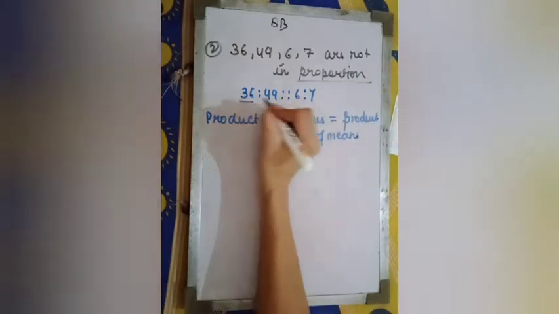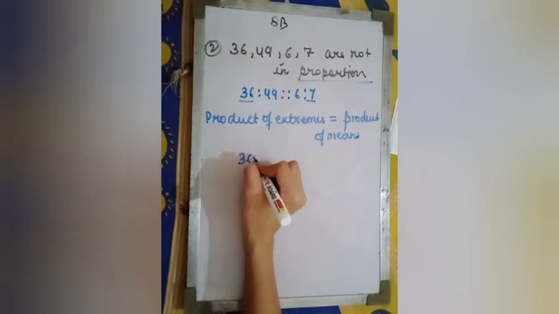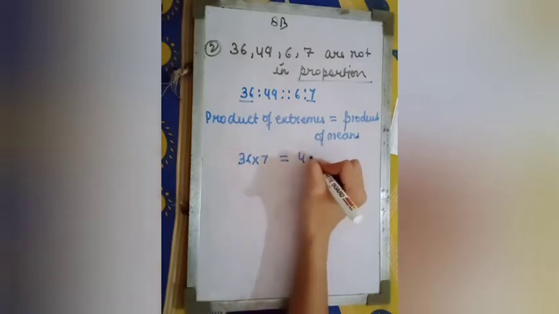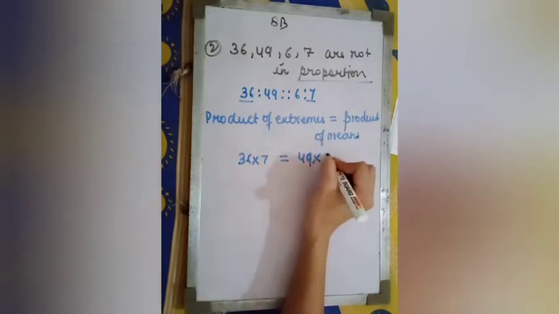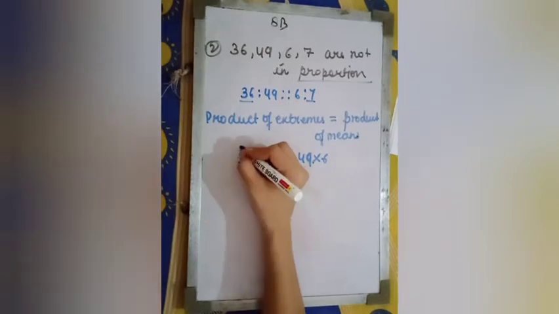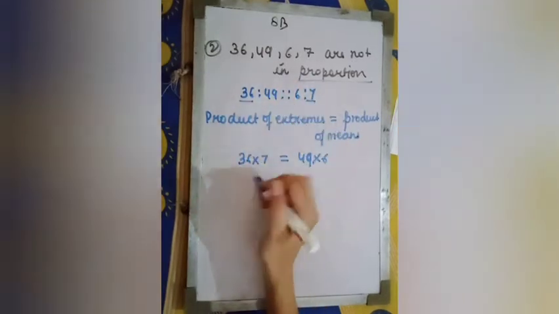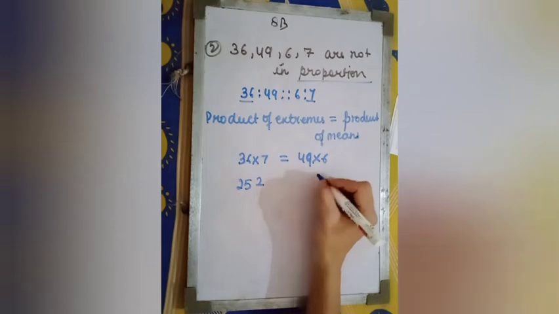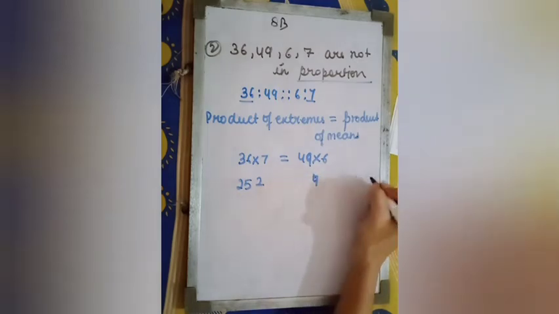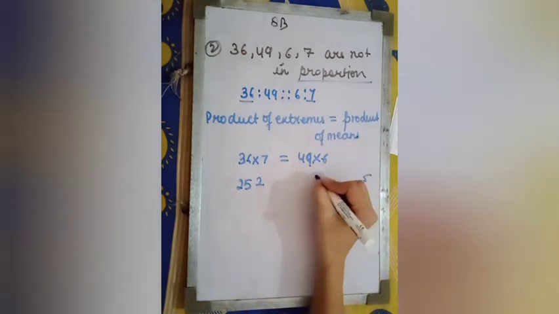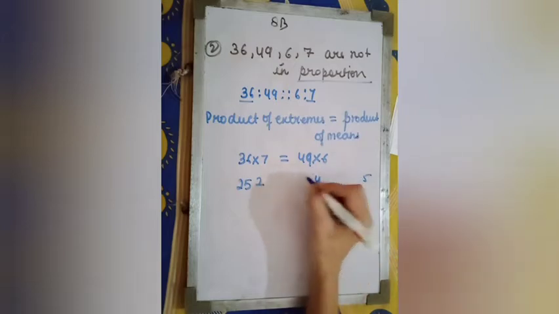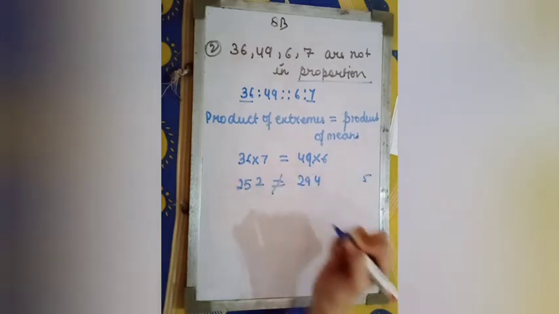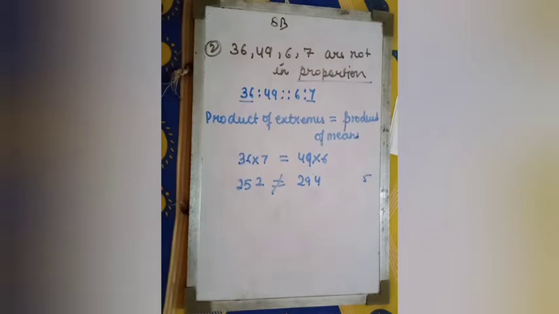So extremes are 36 and 7, so they should be equal to 49 and 6, the means. Now multiply. 6 fours are 24 plus 2 is 9. Now they are not equal. That means these numbers are not in proportion.